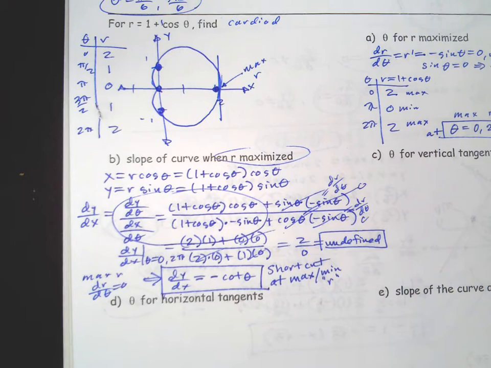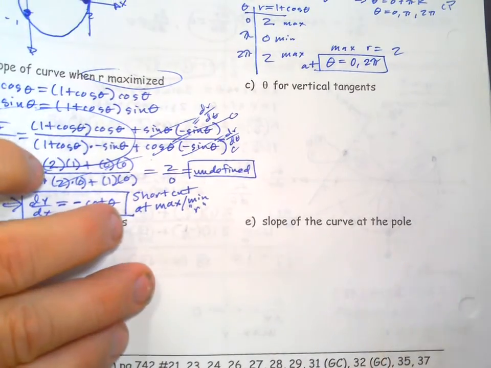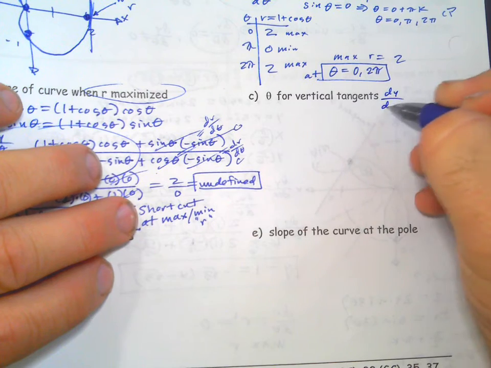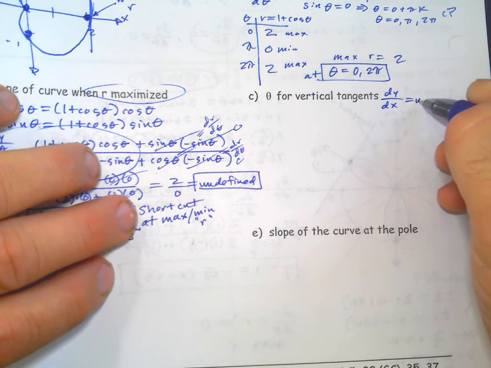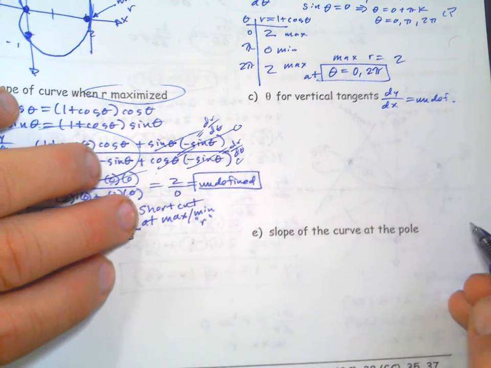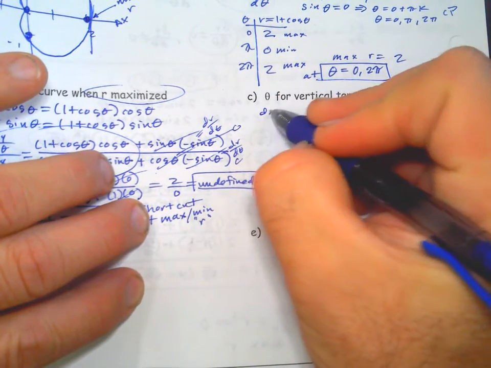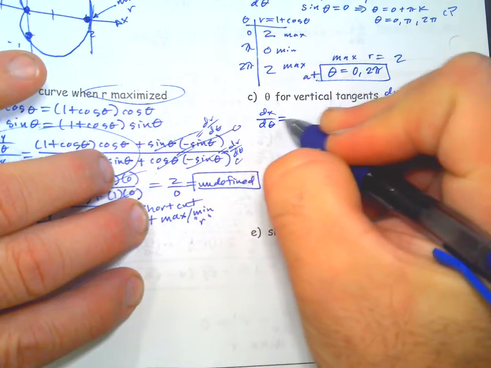Okay. Now, what if we're looking for vertical tangents, horizontal tangents? Vertical tangents are going to be when the slope is undefined, right? It's going to be infinitely steep. Specifically, that's going to happen when dx d theta equals 0.